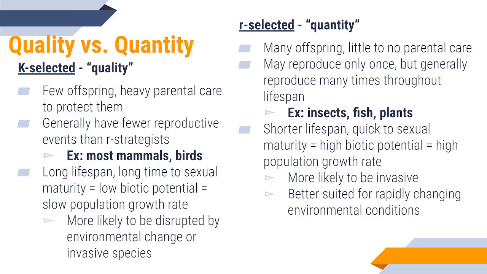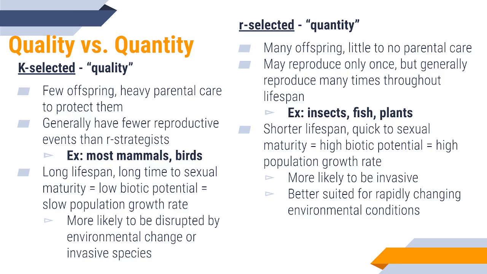So a K-selected species is the quality, in quotes there, meaning that we have very few offspring, but the likelihood of those organisms surviving and making it to reproductive maturity and then having offspring of their own is very, very high. The R-selected species have lots of offspring, and the likelihood of them reaching reproductive maturity and reproducing successfully is much lower, given that you have so many offspring.